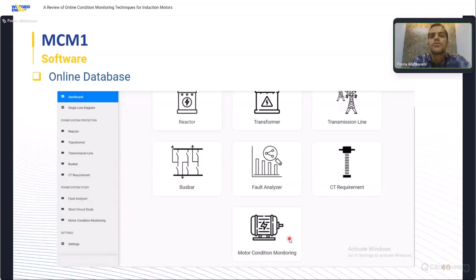So to remove this storage limitation, we have a cloud database, as you can see here, where you can upload your collected motor data to this server to eliminate the limitation of device internal memory.